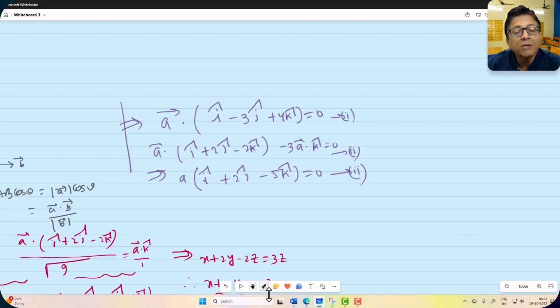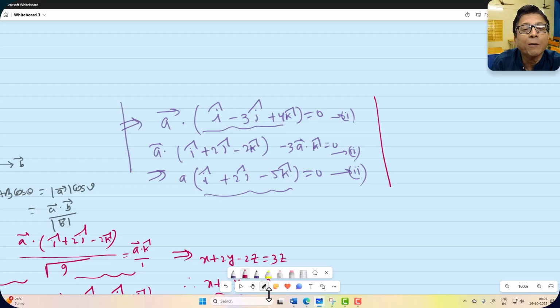Now what do you observe there? That A is perpendicular to this vector, A is perpendicular to this vector. From 1 and 2 we observe that A is perpendicular to this one and A is perpendicular to this one. So A is along, use the concept of cross product, A perpendicular to two vectors.